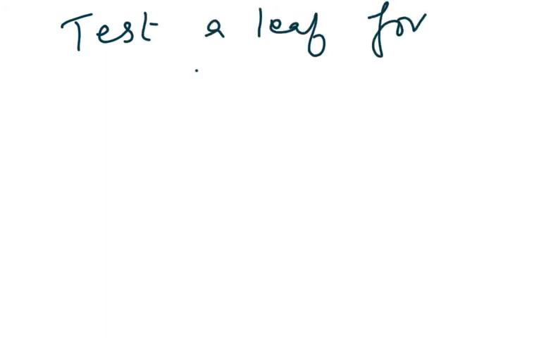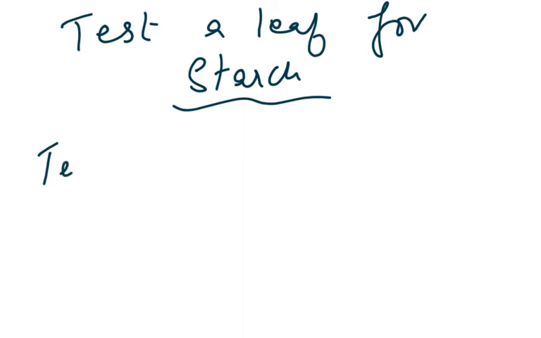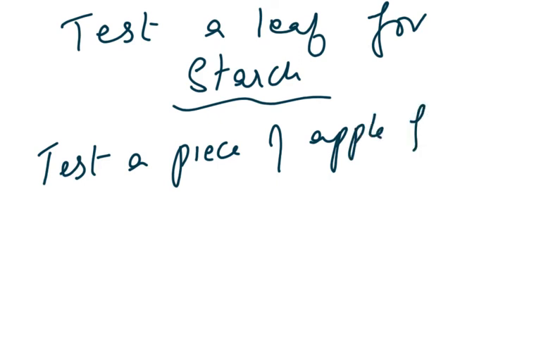Now, how are we going to do this experiment? How are we going to test a leaf for starch? Now, please understand this is different than if I had asked you test a piece of apple for starch. Now, we would do this very differently. What you would do is you would crush the apple.